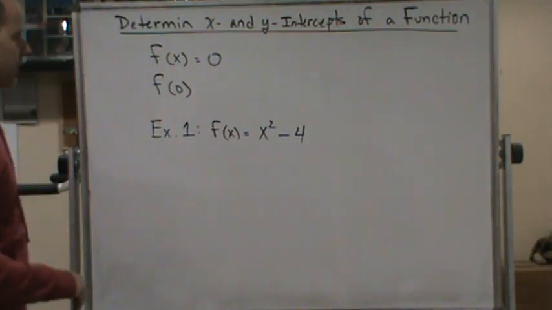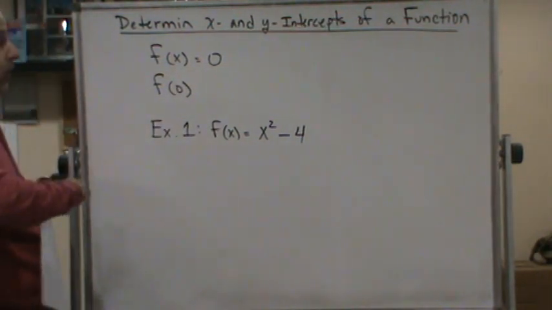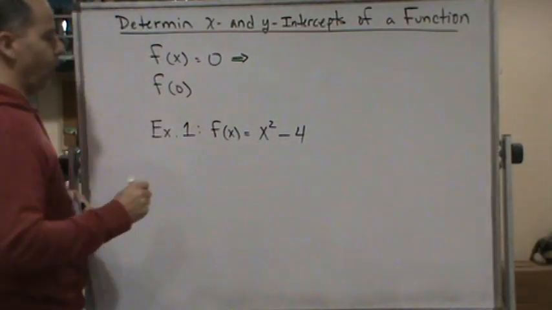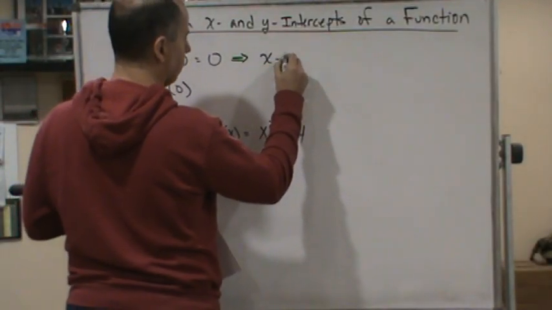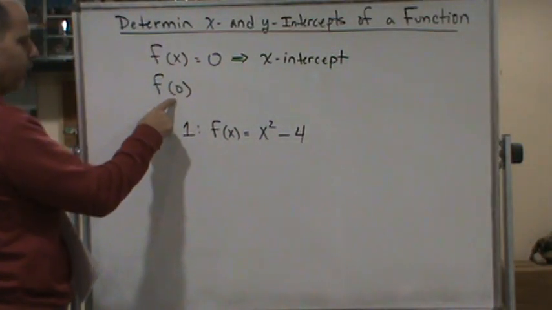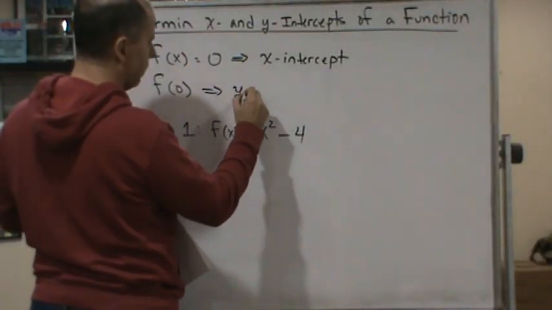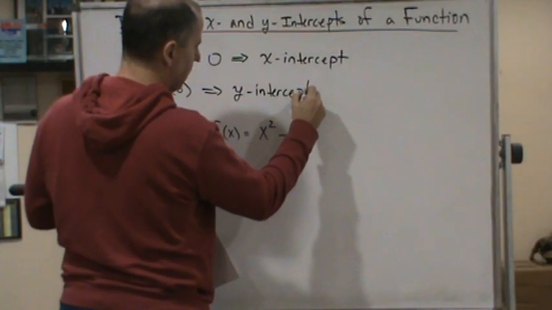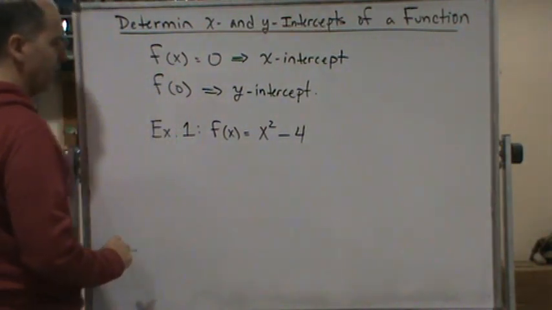So in terms of functions, if we set the function equal to 0 and solve, that will give us the x-intercept. If we evaluate the function at x equals 0, that will give us the y-intercept.